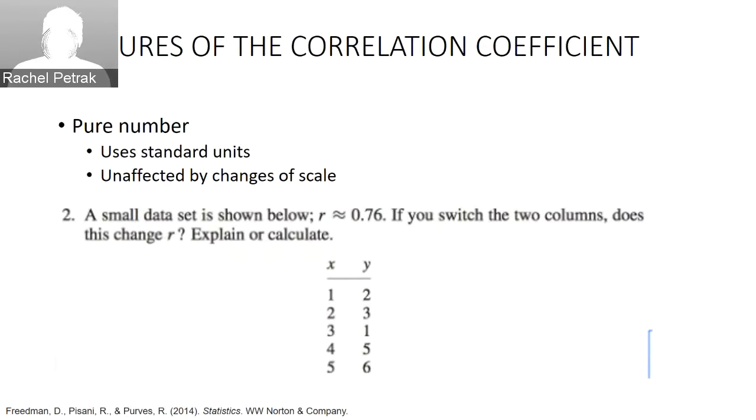Thus, you'll get the same correlation coefficient number whether you put the predictor in the x or the predictor in the y variable. However, there is a strong convention to put the predictor in the x variable and the outcome in the y variable. You could also think about this as the independent variable in the x, the predictor, and the dependent variable in the y.